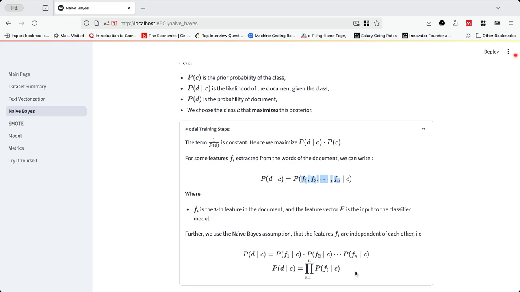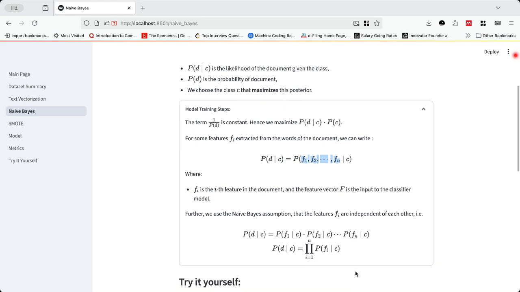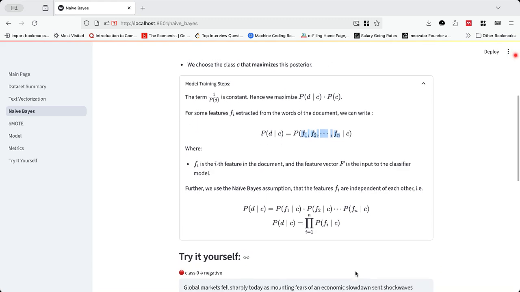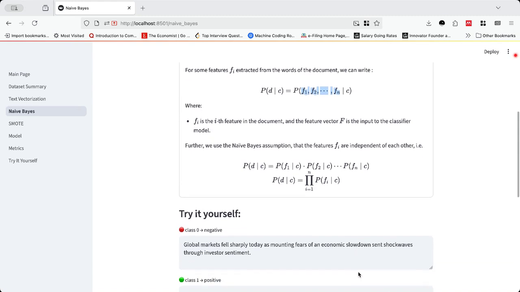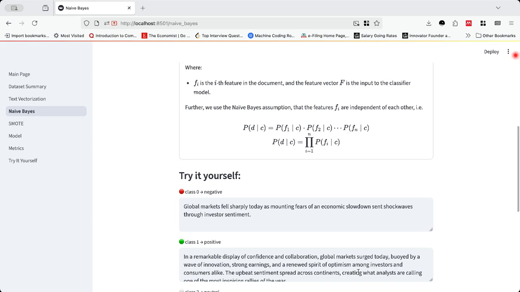Thus, the steps we need to take to calculate the probability of an unseen document being in one of the three classes, positive, negative, or neutral, are: number one, we convert the document into a feature set. In the last episode, we encountered two techniques to do this: bag of words and TF-IDF. Then, for each word or feature, we calculate the likelihood of the word belonging to every class.